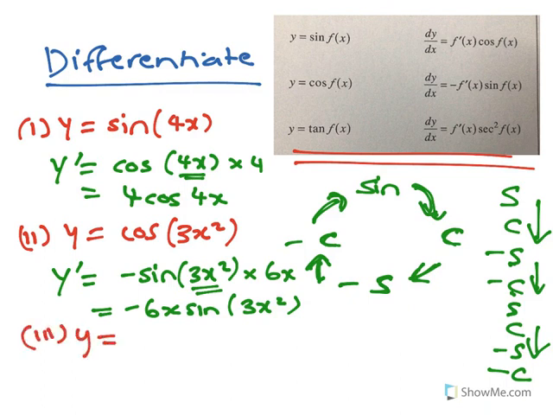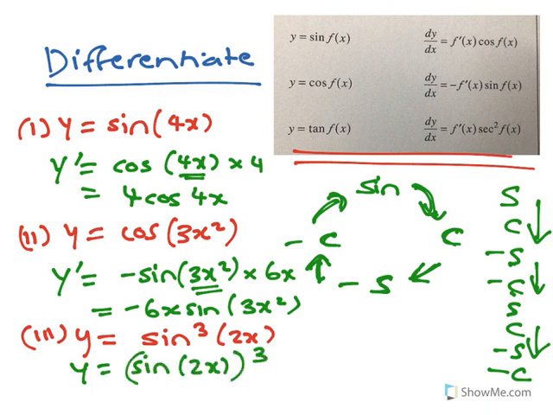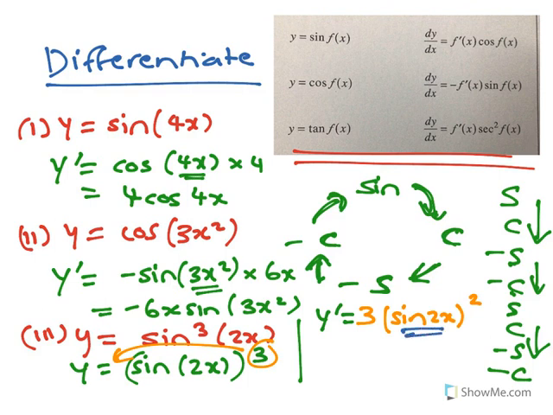So if you have y equals sine cubed 2x, then what you do here is you treat that as a chain rule, like a function to a power. So you take the 3 out. Then when you do the derivative, the 3 comes down the front, take 1 away, so you've got sine 2x squared, but then you've got to times the derivative of what's inside.